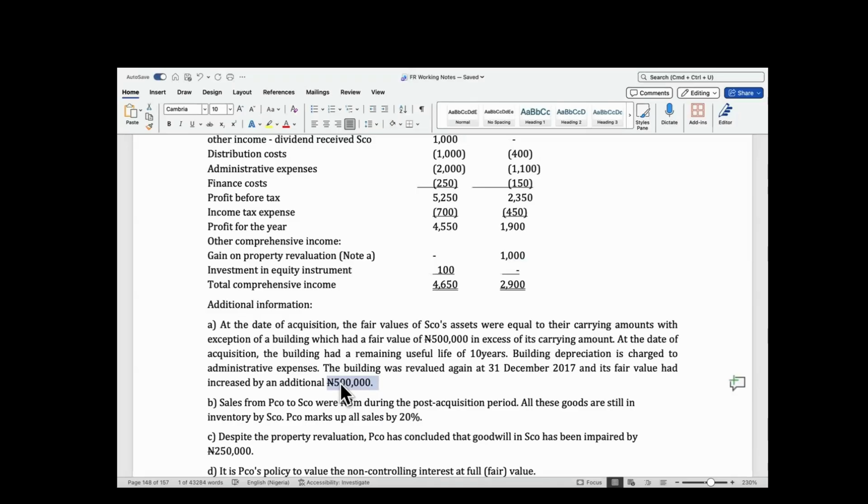That one we're going to consolidate. You don't need to cancel it out, so it's fine. And we're not going to calculate depreciation on it because the value was gotten at the end of the year. So we have not charged any depreciation on the new value, and that's how this is going to be resolved.